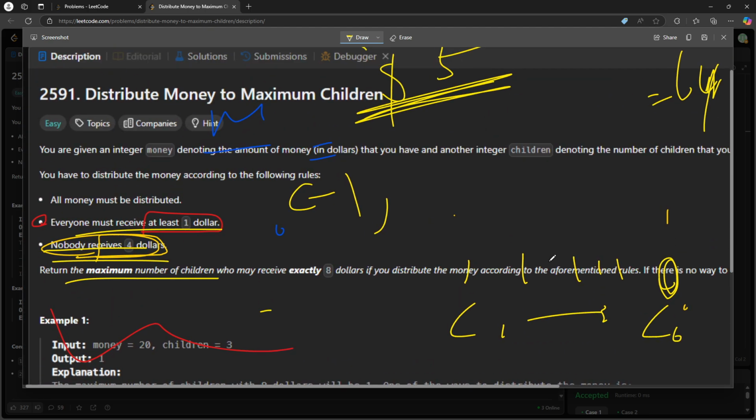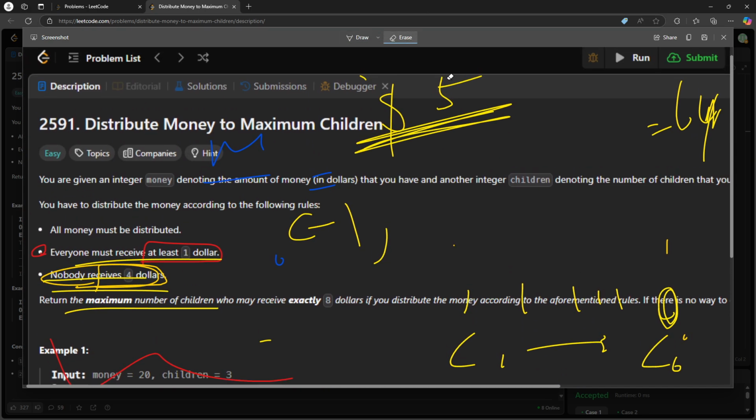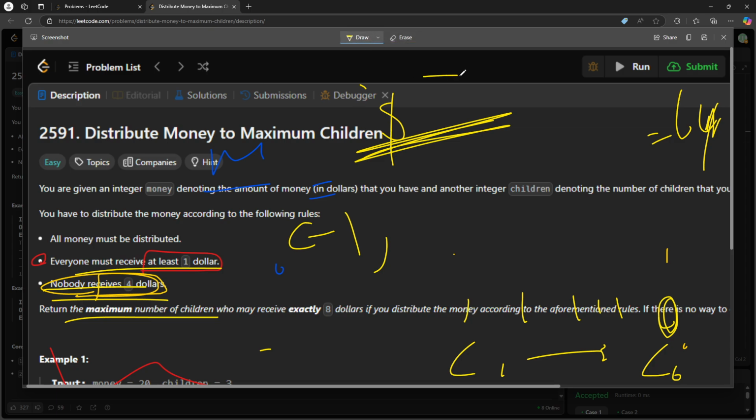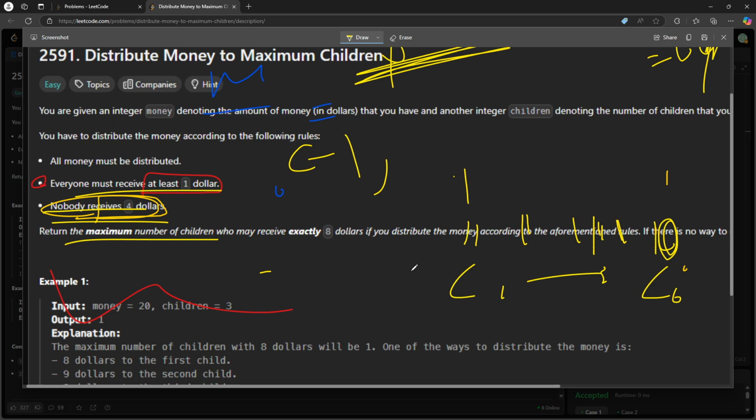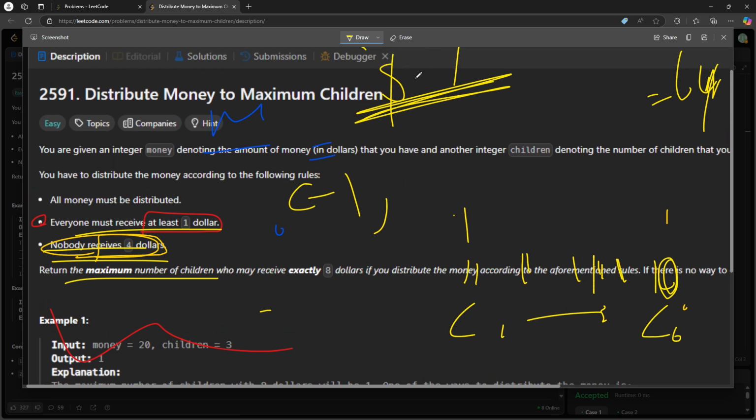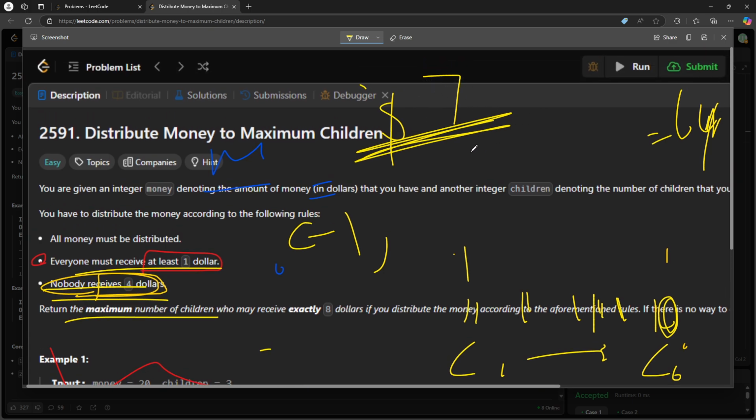All right, so in this one, let's update this one to 7. So 1, 2, 3, 4, 5, 6, and then there's an extra $1 you're going to put over here. So the leftover money, 7 minus 6, right? The leftover is 1.